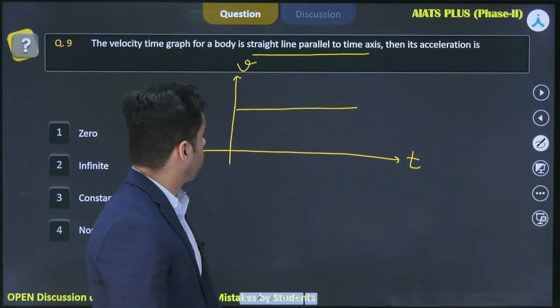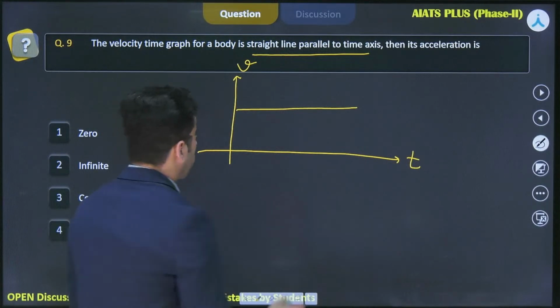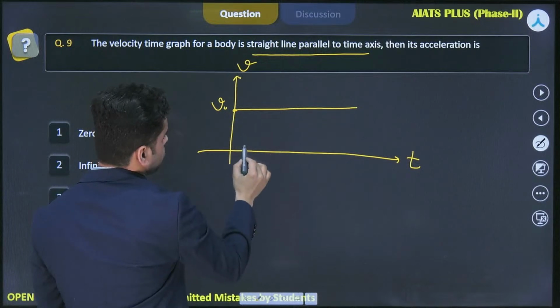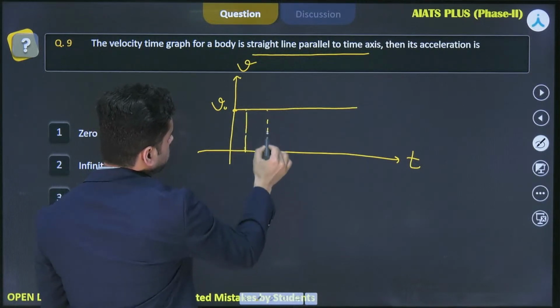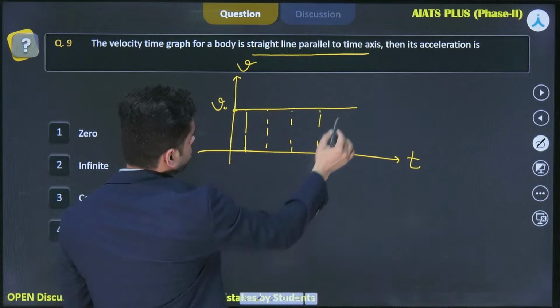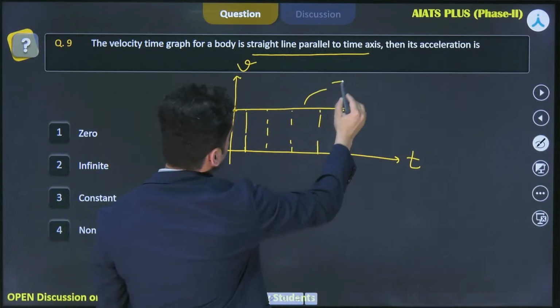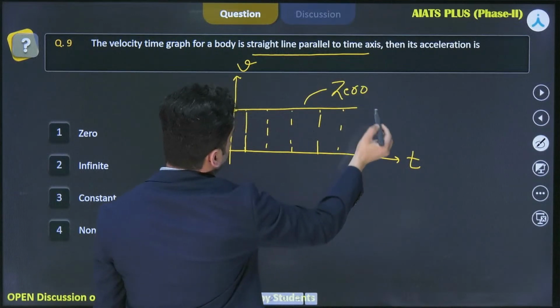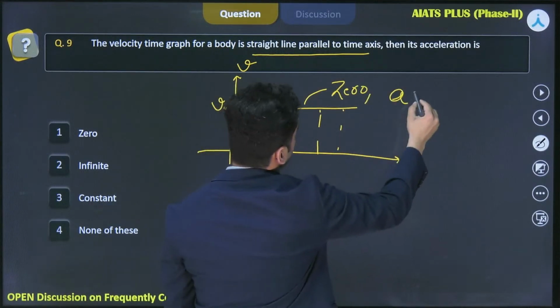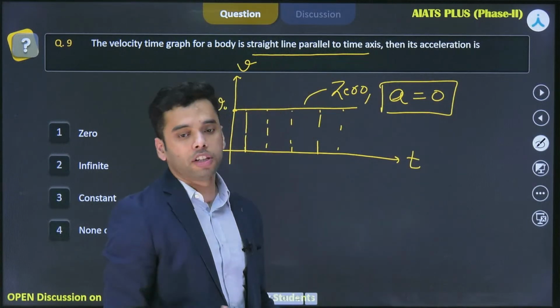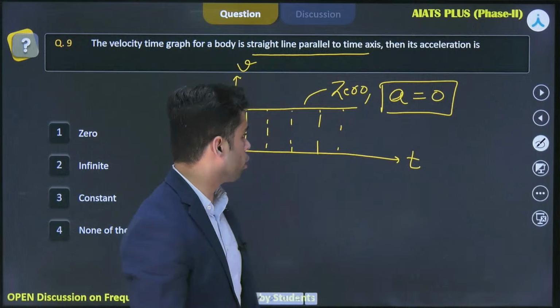Now, can someone give me the answer to this? You can see that if this is V naught, as time is passing, there is no change in the velocity, or you can see that the slope of the VT curve over here is 0. It means that acceleration should also be equal to 0. The slope of the VT curve is 0, so acceleration should be equal to 0, or you can also do it mathematically.